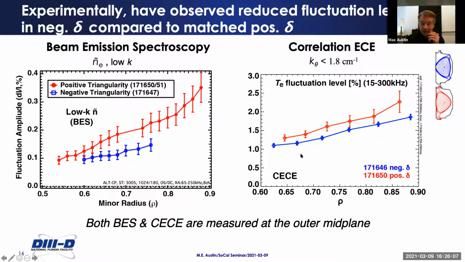And similarly, here's the profile of electron temperature fluctuations from the correlation ECE diagnostic, again with a 10% reduction measured across the radius there. Both of these are measured at the outer midplane.